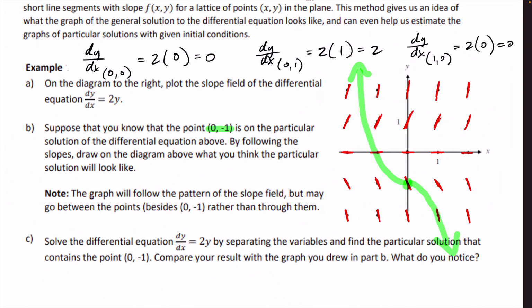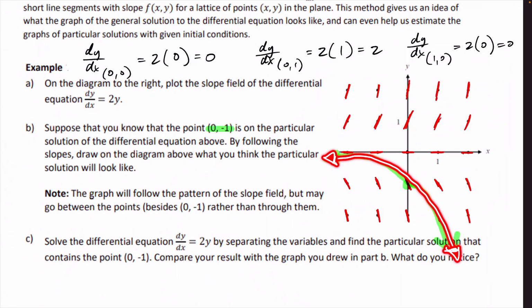No, I can't cross the x-axis, because the x-axis says you're going horizontal there. So I would definitely start going in the up direction, but then I would top off at y = 0.